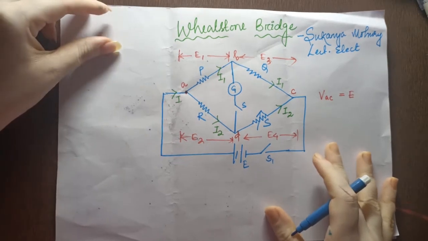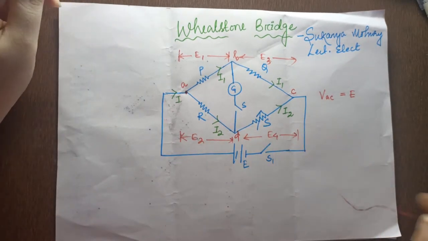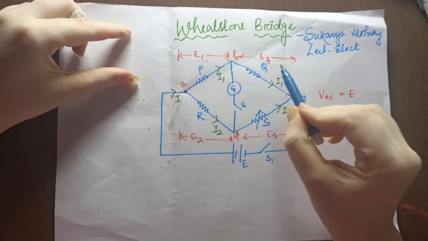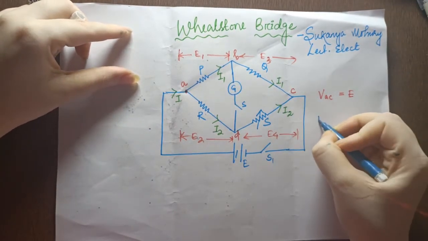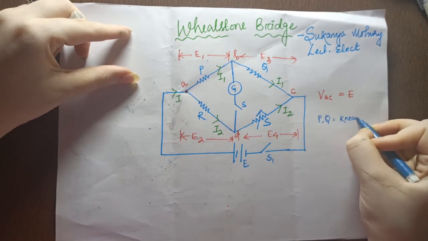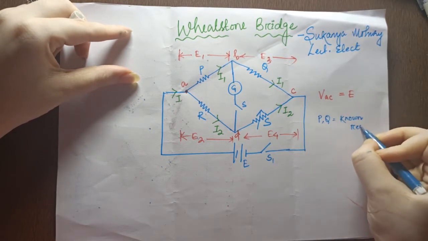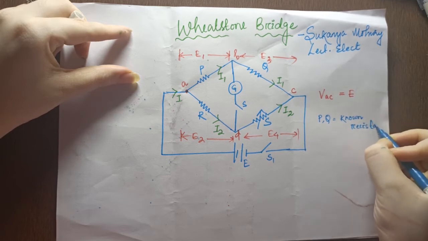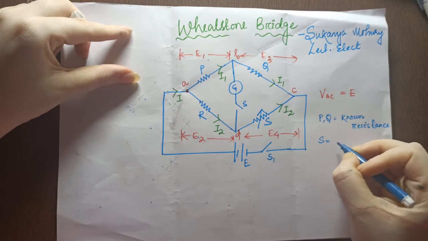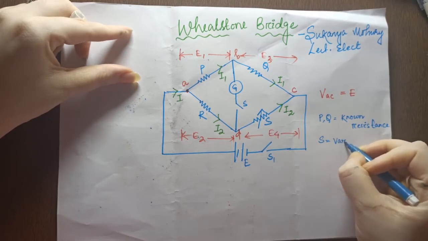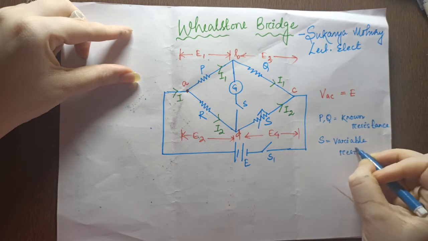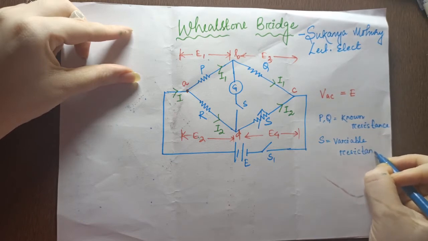Okay, so this is the arrangement or the bridge circuit where P and Q are the known resistances and S is the variable resistance, so you can say it's a rheostat.